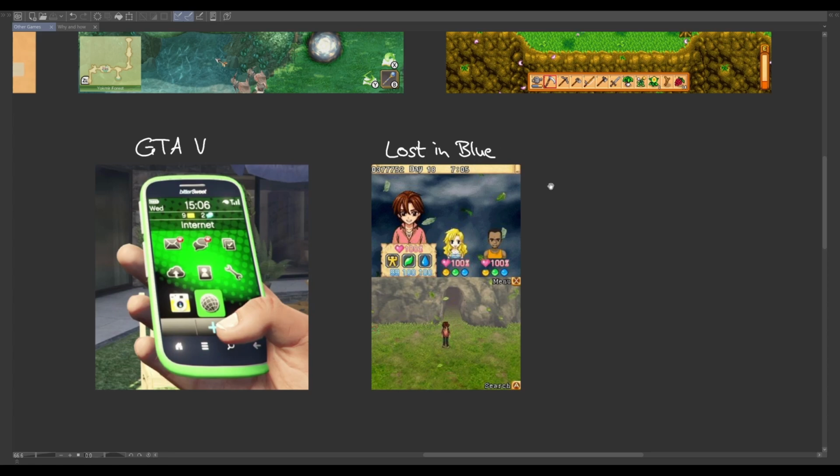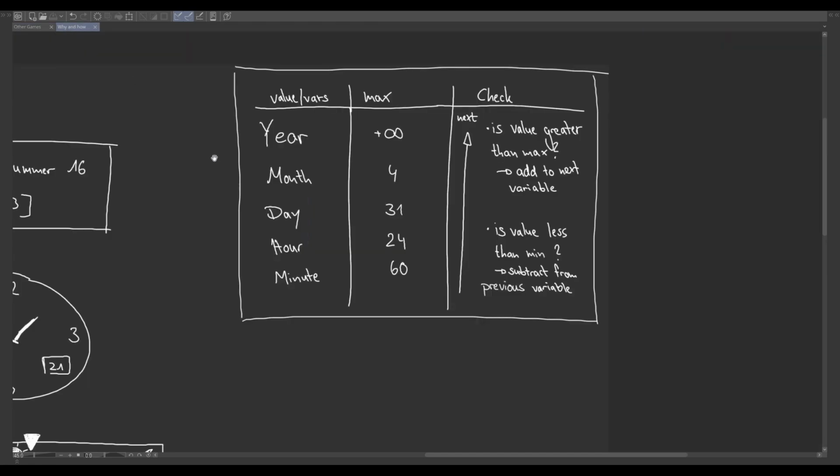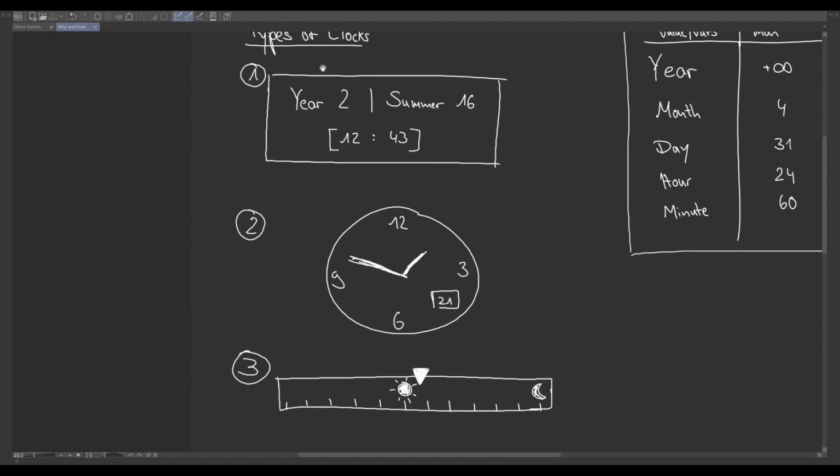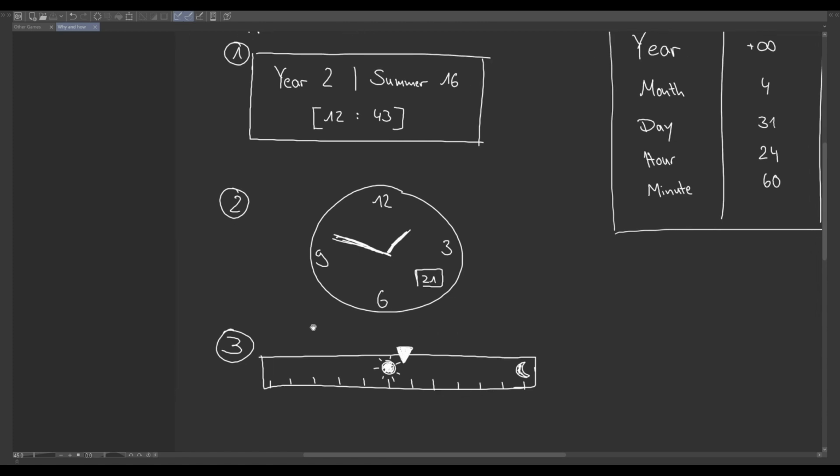If not, maybe he can do something else. So these are the types of clocks you have already seen in Unity. And maybe you have seen this one as well, but we will be focusing on these two.